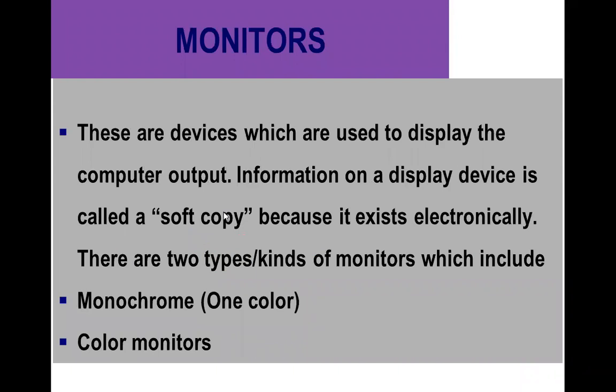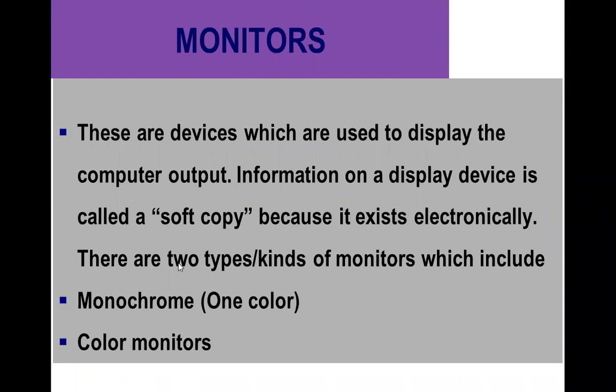Last time we looked at the monitors and we explained them, or we said that monitors are display devices which are used to display computer output. So information on a display device is called soft copy. This is because it exists electronically, as I said before. Now, there are two kinds of monitors.